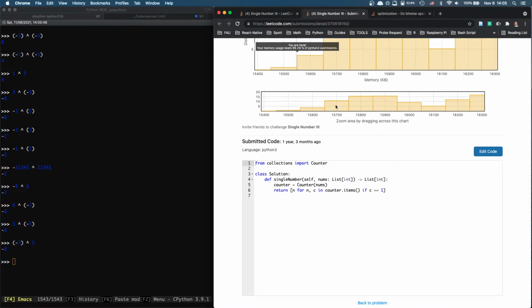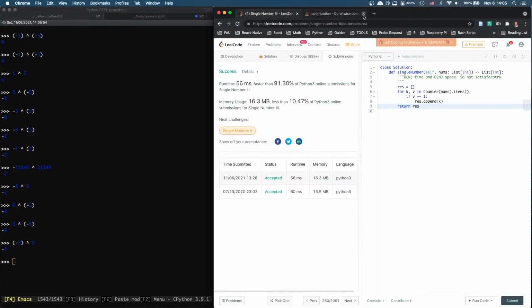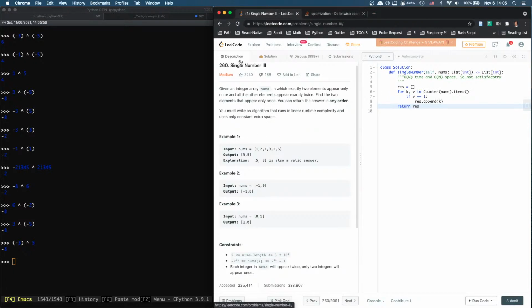I cheated back then. I was cheating, so I never really understood. I probably never understood how this one is done. Oh yeah, I have no clue. I tried. Not a single clue.